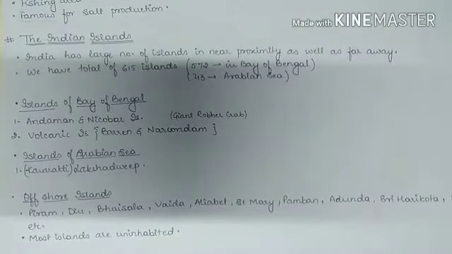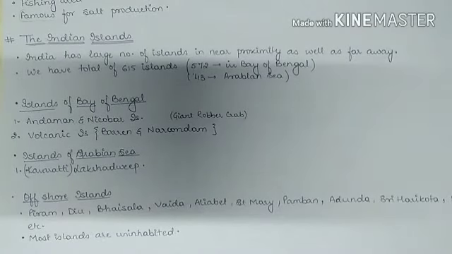Now the Andaman and Nicobar Islands have a warm tropical climate all around the year, and they have two monsoon seasons. The temperature here is around 35 degrees Celsius, but the sea breeze has a cooling effect. We all know sea breeze and land breeze, because of which the temperature of this area is moderated.